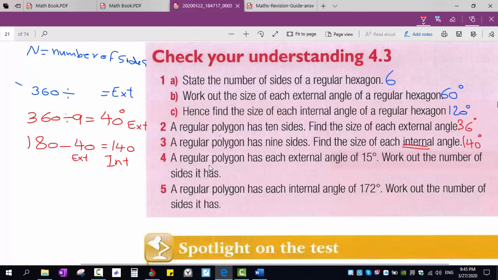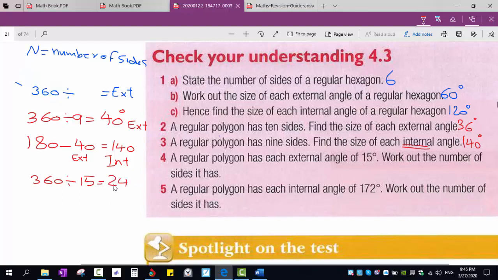Question 4. A regular polygon has each external angle 15 degrees. Work out the number of sides. Well, 360 divided by exterior gives the number of sides. 360 divided by the exterior angle, which is 15. 360 divided by 15 is equal to 24.